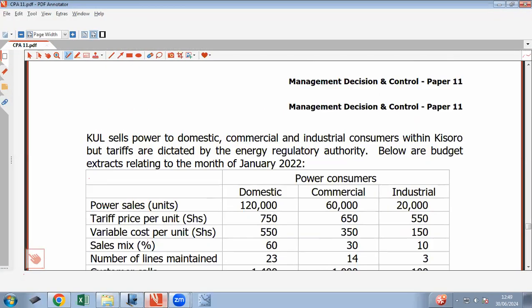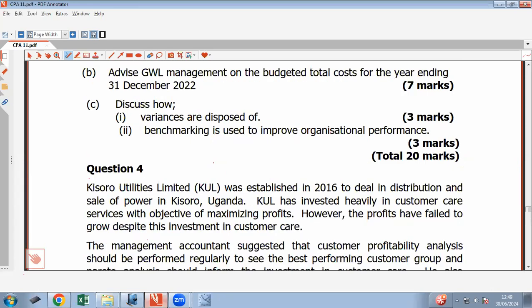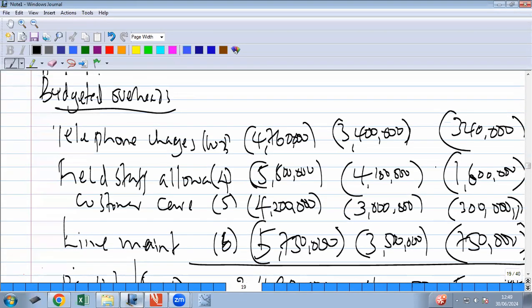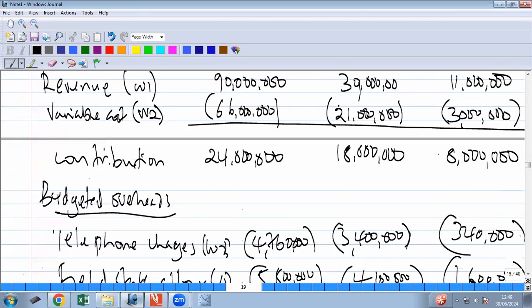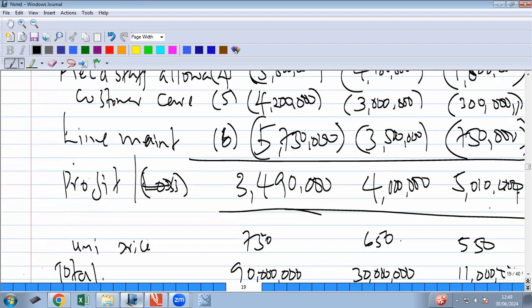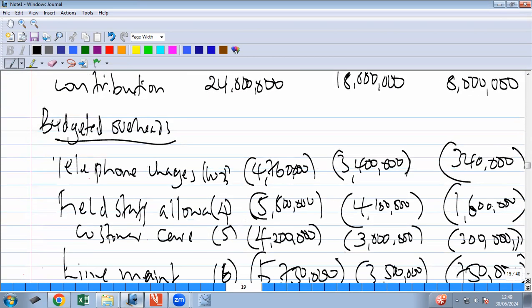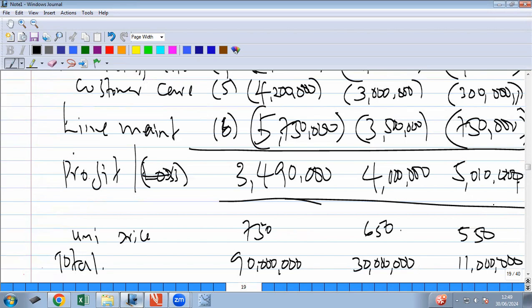For the entity, you write Kisoro Utilities Limited, is industrial with a profit of 5 million, 10,000, followed by commercial of 4 million, and the least profitable customer is domestic, 3,490. If it is thousands, you always add them when you are making a decision.